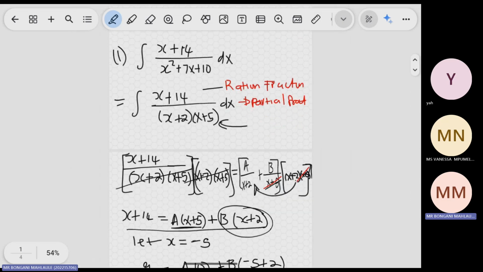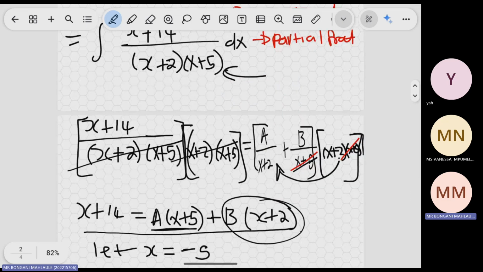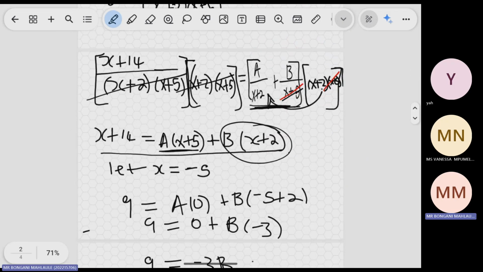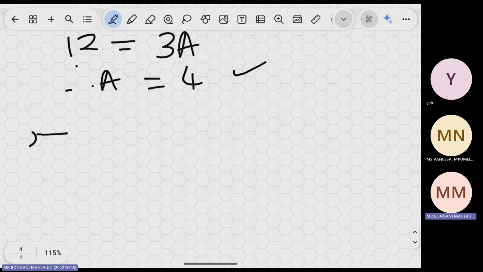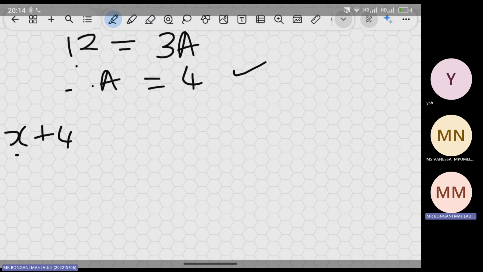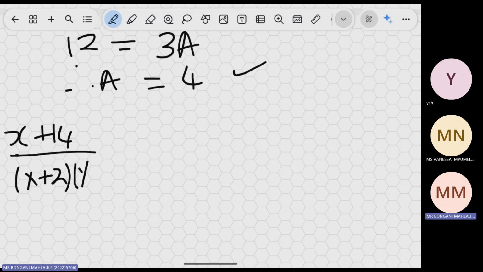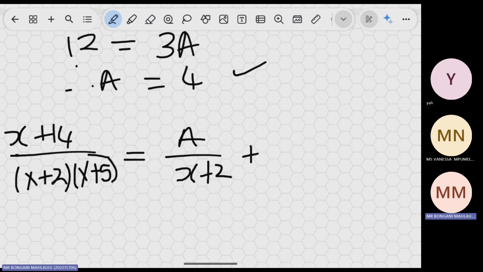So our b is -3, our a is 4. And then now you come back and you substitute here. So let me do the substitution now. So I know that x plus 14 over x plus 2, x plus 5 will be equivalent to A over x plus 2 plus B over x plus 5.